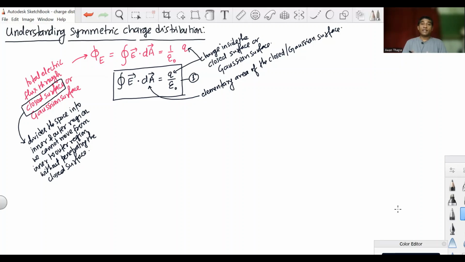So we need to understand this, and always remember we apply Gauss law to closed surface called Gaussian surface. And Gaussian surface is not a real surface, it is an imaginary surface. Clear?